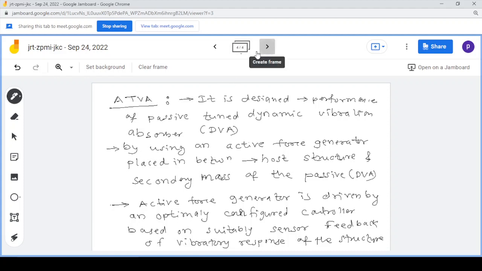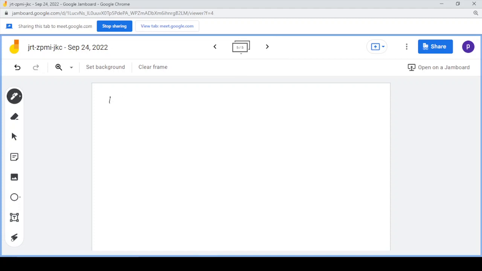So if in case of failure of the active control, still there is a passive system.